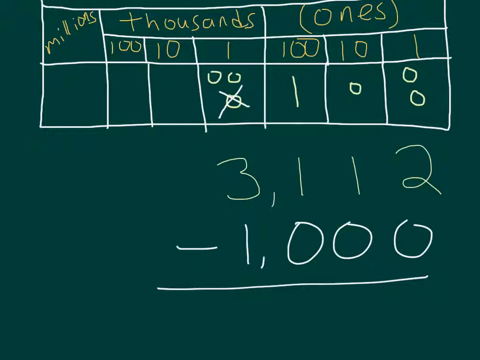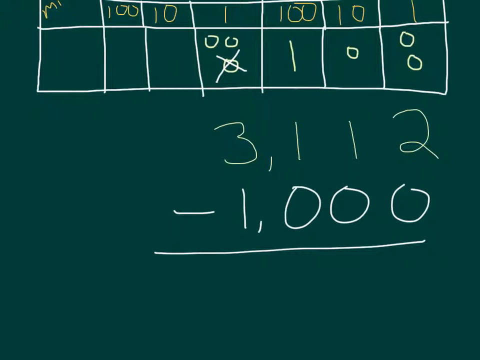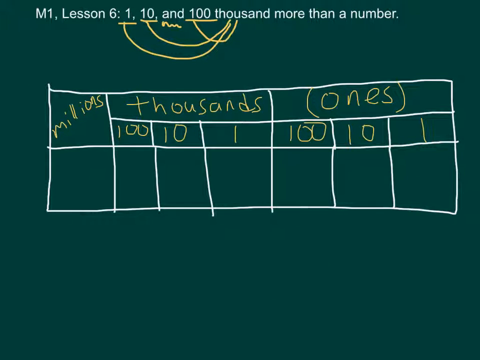And now we can represent our answer by saying there are now 2 in the thousands place. 1, 1, and 2. And I just realized I put a 1 there instead of a disk. I hope that's not going to mess anybody up. 2, 1, 1, 2. Or we would read 2,112. Okay, we added and subtracted 1,000 more than a number.